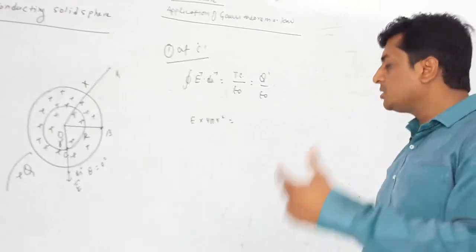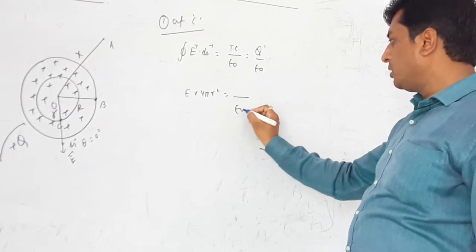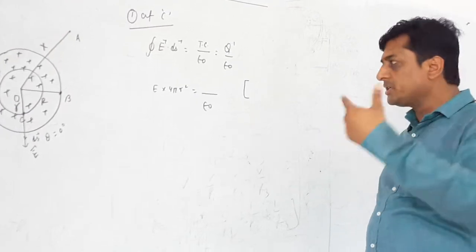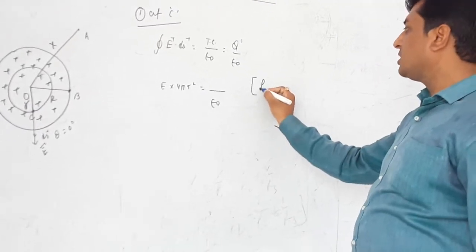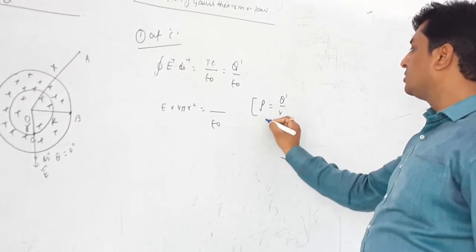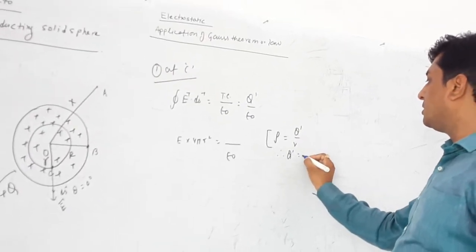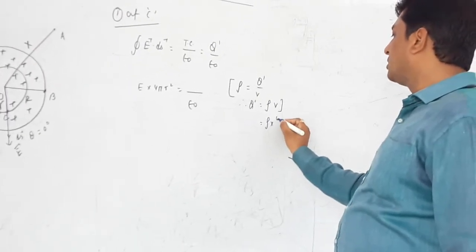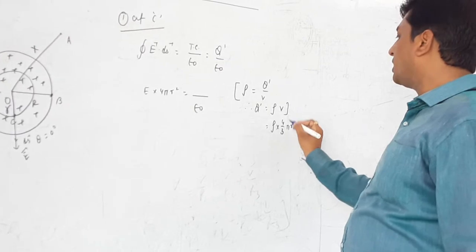Now the question is what is q dash? For q dash, because here charge is distributed uniformly along its volume, the volume charge density will come, and volume charge density is q dash upon v. So q dash will be density into volume, means density into 4 upon 3 pi r cube.